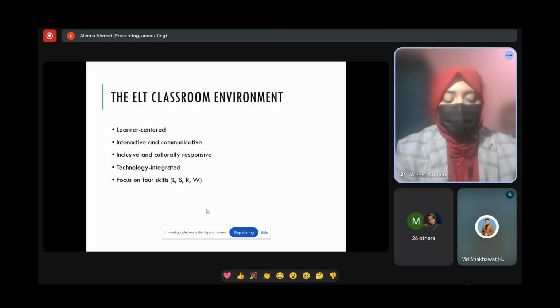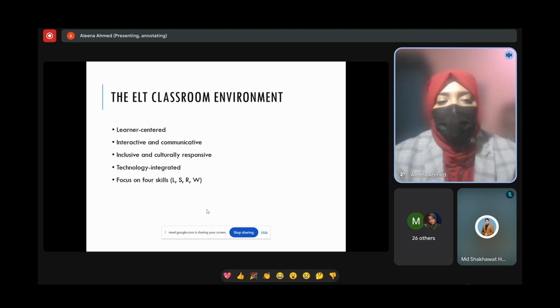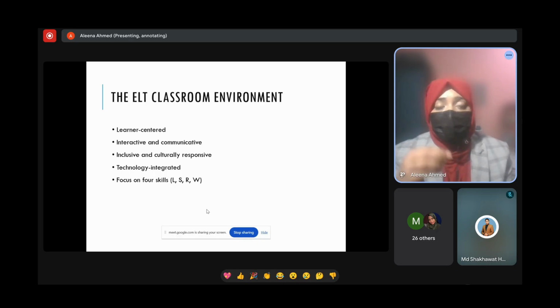Technology integrated. Okay, we all know very well what importance technology holds in a classroom and in the teaching and learning process. So definitely it should be a technology integrated classroom, because we have to have different kinds of examples or references that we need to put in front of learners.